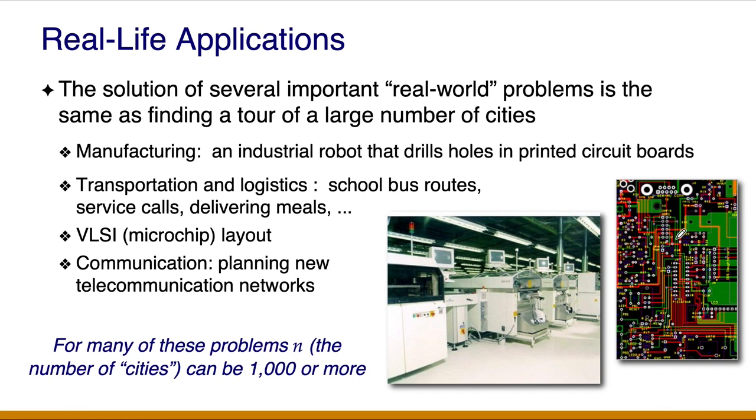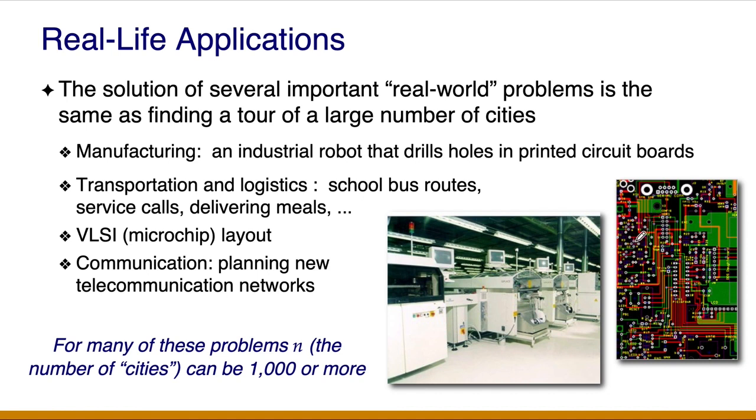If you look at this particular problem, the problem of drilling holes by an automated machine, this problem itself can be generalized to be a traveling salesman problem. In this case, the cities are just the holes that you need to drill. And the reason why it's a traveling salesman problem is that your machine, your drill, needs to traverse the whole board to the right position, and then you have to drill down and make the hole.